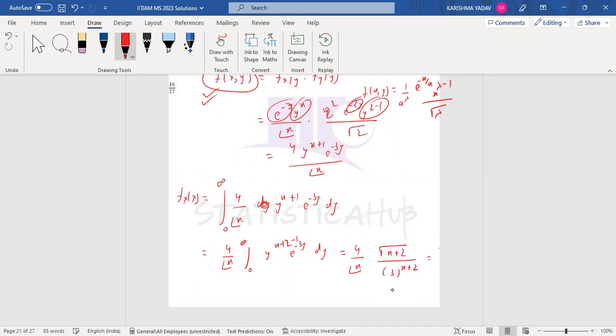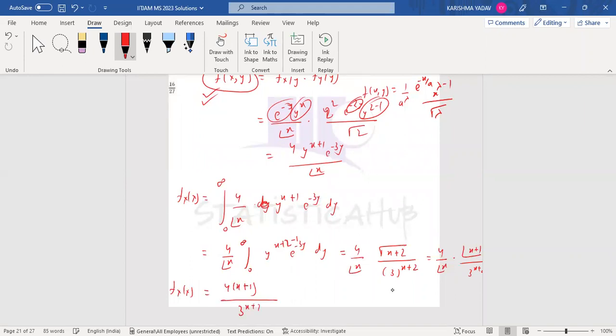And from this we will get 4 upon factorial of x, and this will be factorial x plus 1 upon 3 to the power x plus 2. And this f of x is equal to 4 times x plus 1, because factorial x cancels out, so 4 times x plus 1 upon 3 to the power x plus 2.